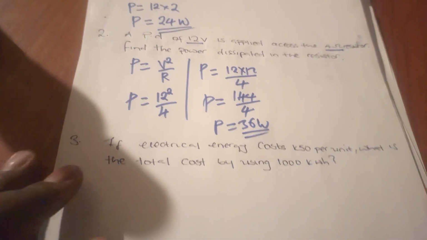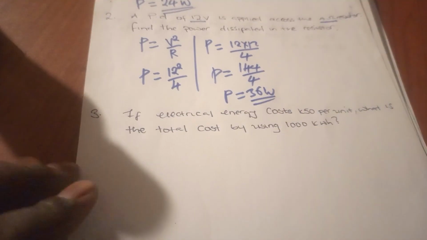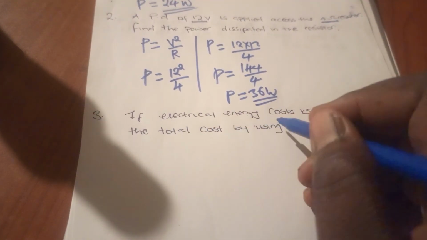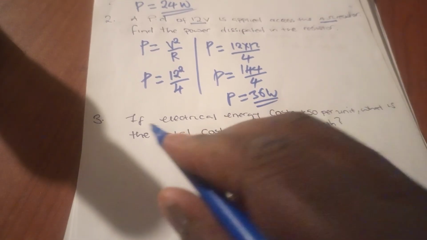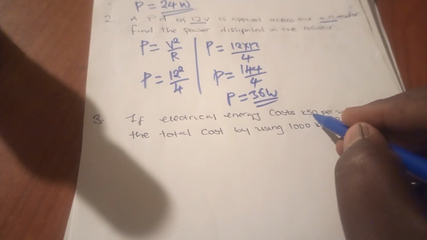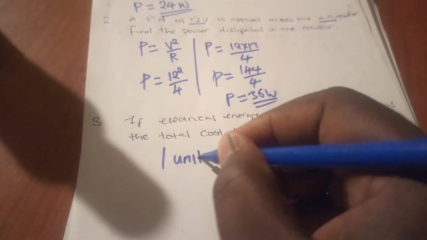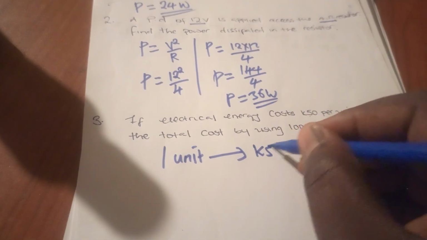Then I'll go to question 3. Question 3 reads, if electrical energy costs 50 kwacha per unit, which means 1 unit, which is energy, costs how much? It costs 50 kwacha.